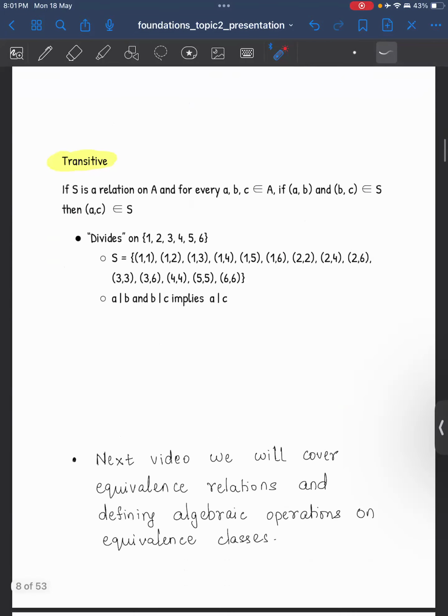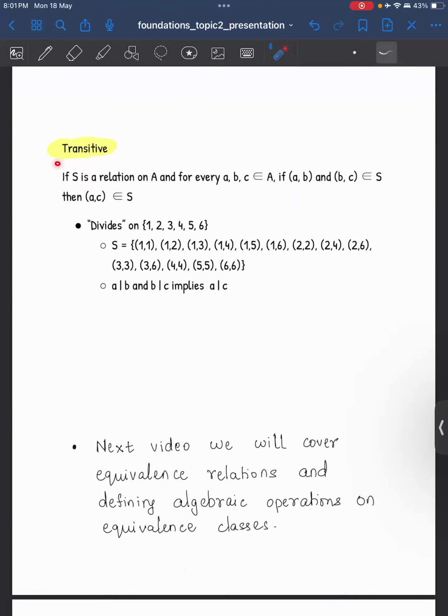Finally, we have the transitive relation. If S is a relation on A, and for every a, b, c in A, if a is related to b and b is related to c via S, then a is related to c via S. This is just the transitivity property.